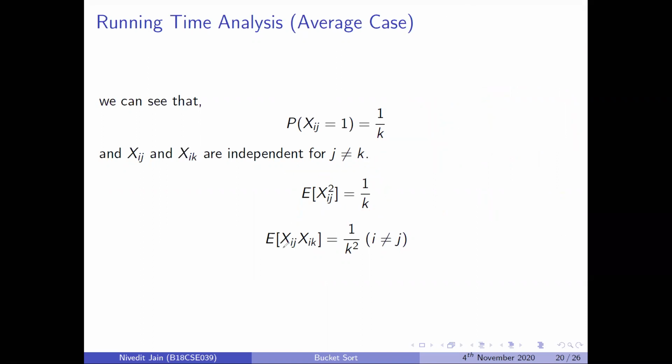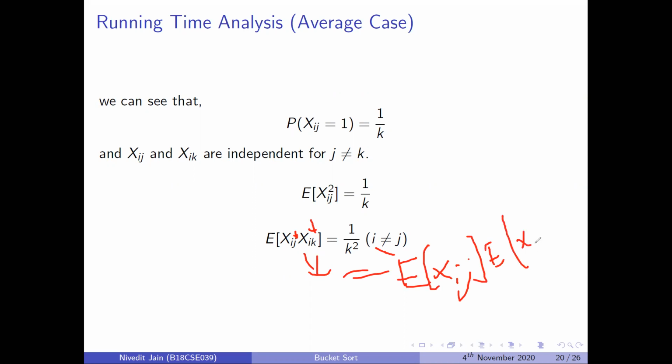Now we know that if i is not equal to j, then these are independent. For independent variables, the expectation would be the expectation of x_ij times the expectation of x_ik, which would lead to 1 upon k square.